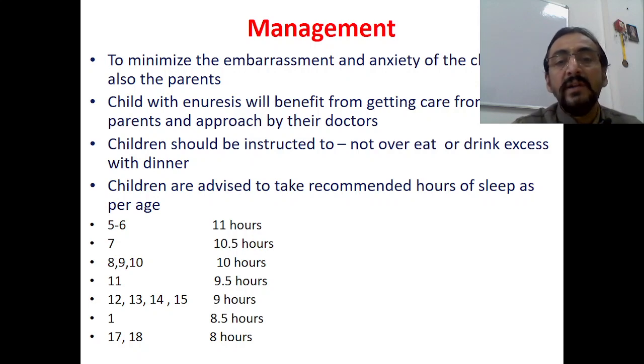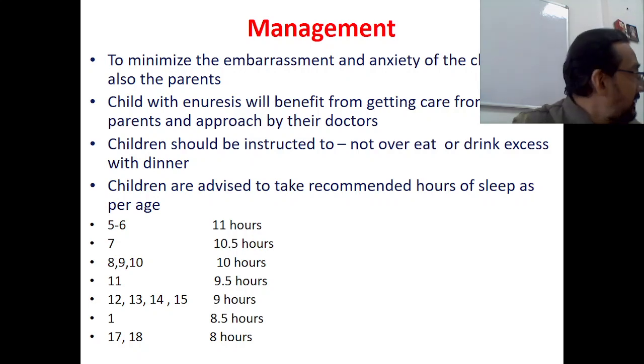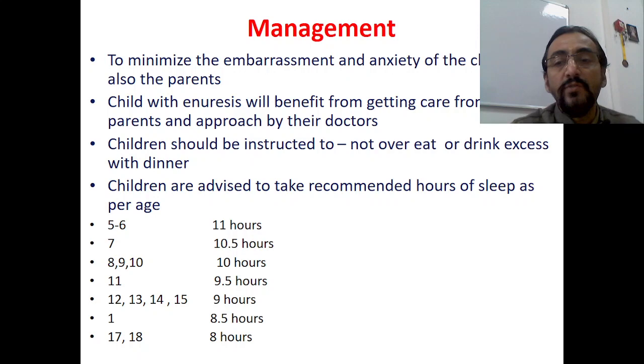Children are advised to take the recommended hours of sleep as per age. This is also important. Don't sleep too much. Maintenance of sleep hygiene is also very important. At the age of 5 to 6 years, kids usually need 11 hours of sleep. At 7 years, about 10.5 hours. At 8, 9, 10 years, 10 hours.